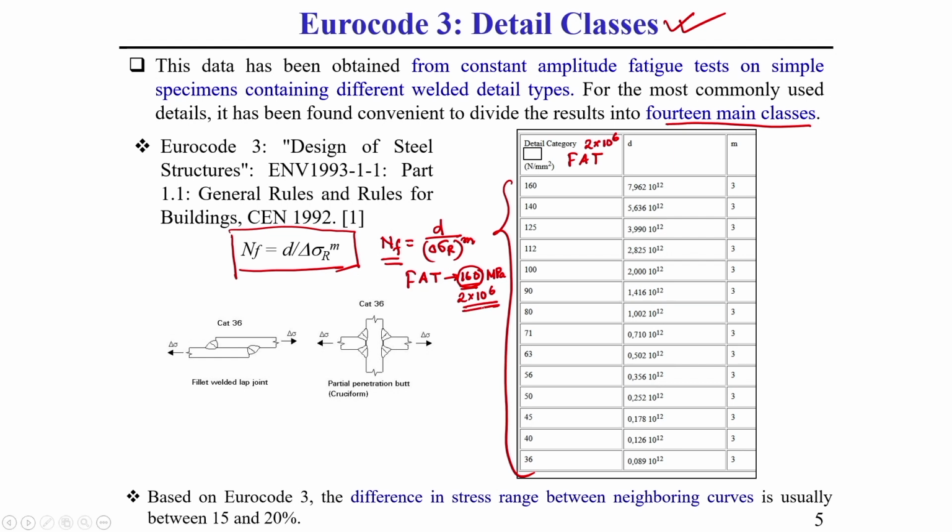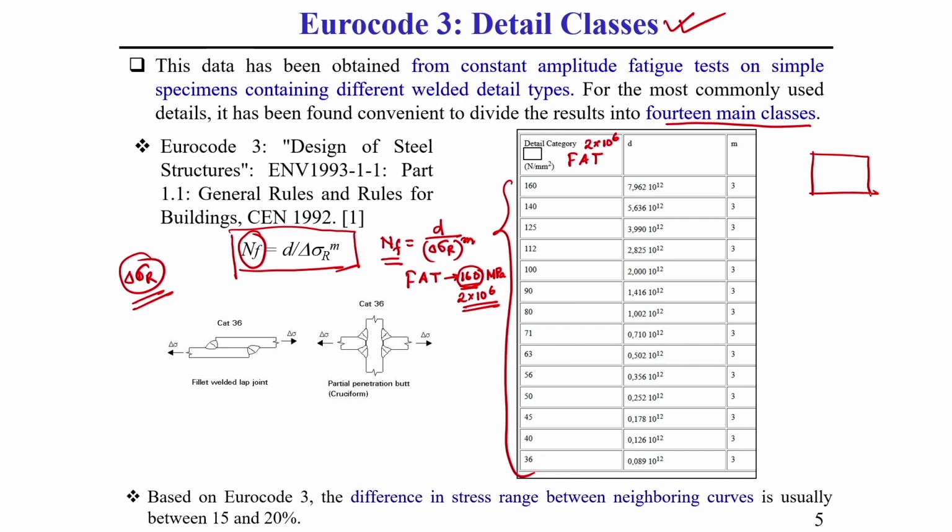Now, for a particular welded structure where the fat value is 160, if that type of structure is subjected to some other range of stress, delta sigma r, then what should be its fatigue strength value, that we can easily calculate.